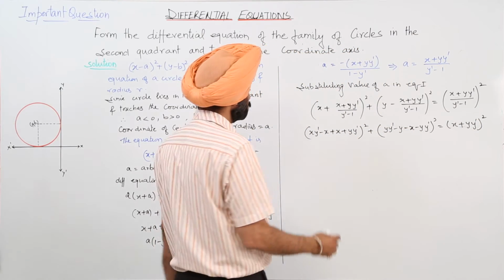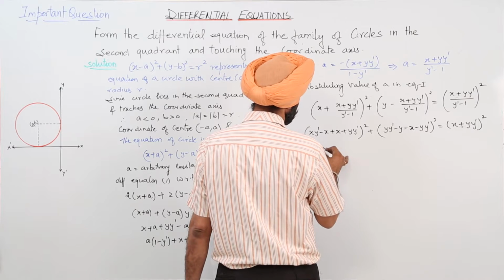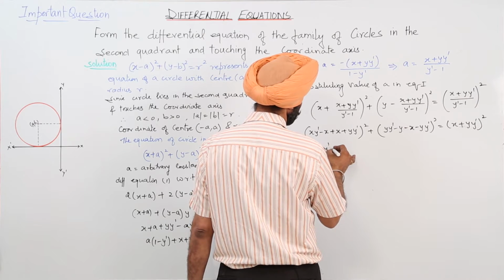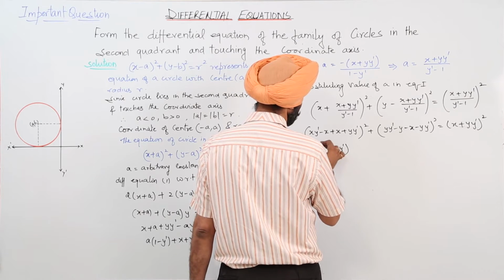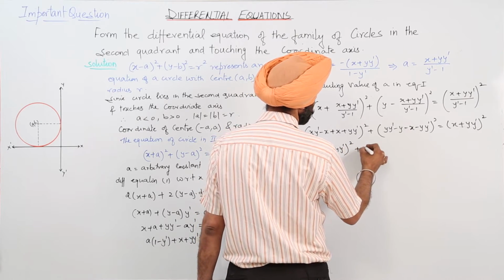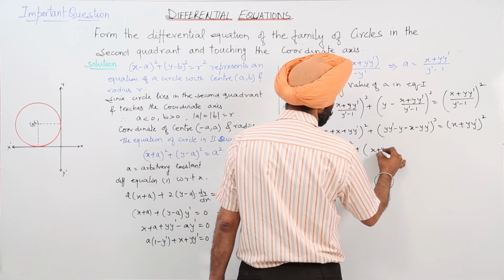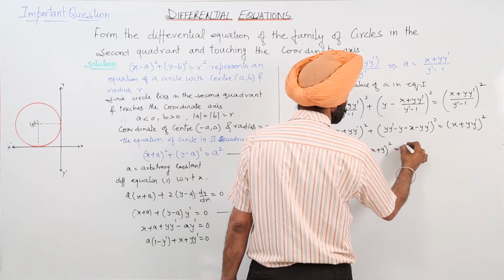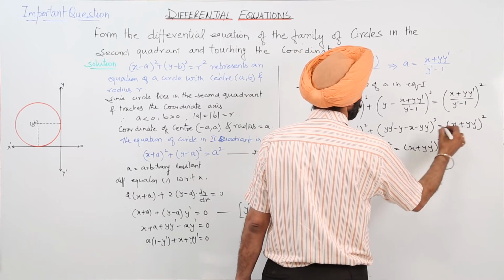Okay. So now this becomes (x y' plus y y') whole square plus (x plus y) whole square is equal to (x plus y y') whole square.